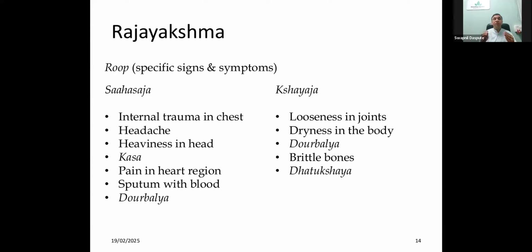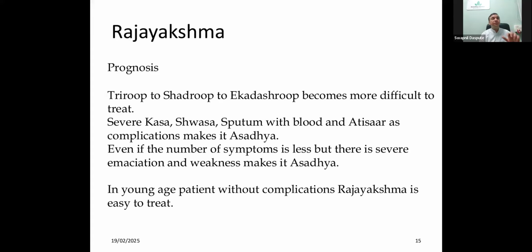So here the bone density test will show depletion of calcium in the bones. That indicates brittle bones. Asthi dhatu is involved or depleted, and dhatu kshaya is seen as a sign in Kshayaja Rajakshma.